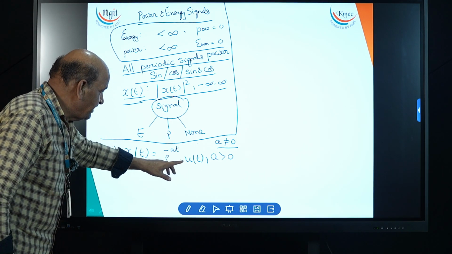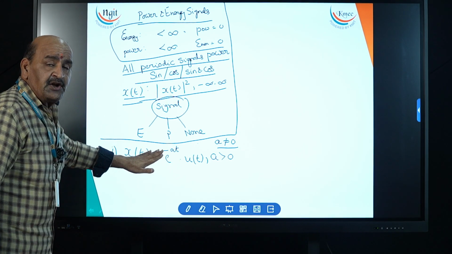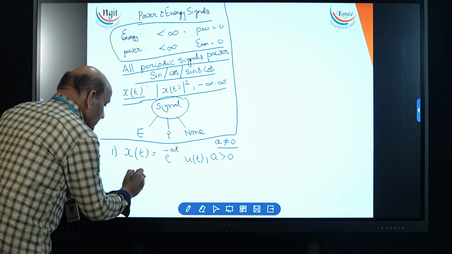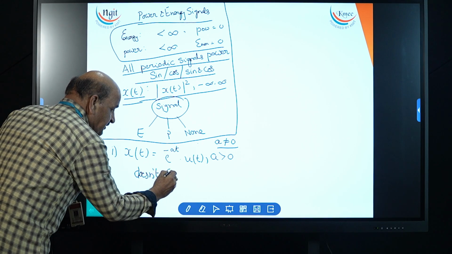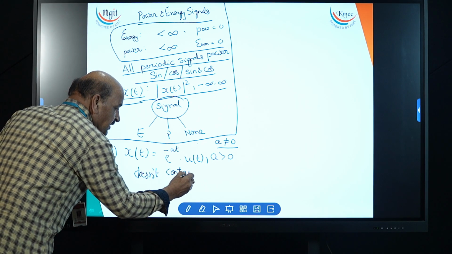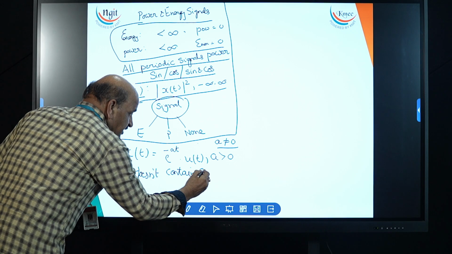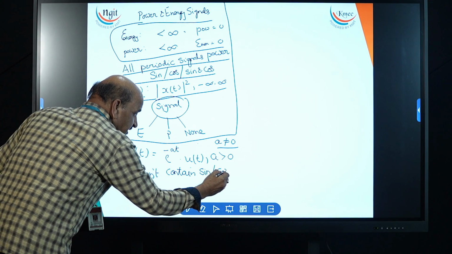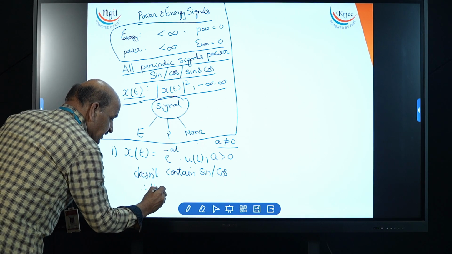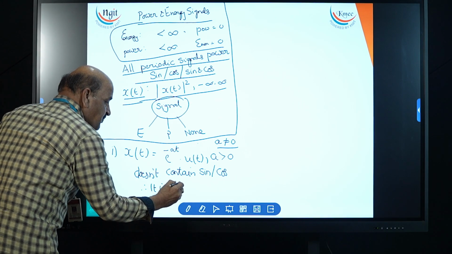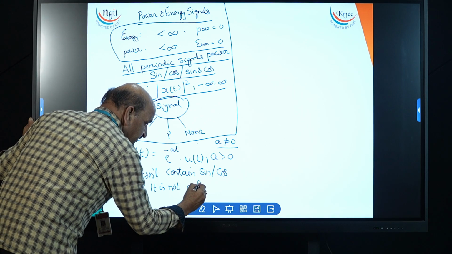Now just look at the first one. The given signal doesn't contain any trigonometric terms, doesn't contain sine or cosine. Therefore it is not a power signal.